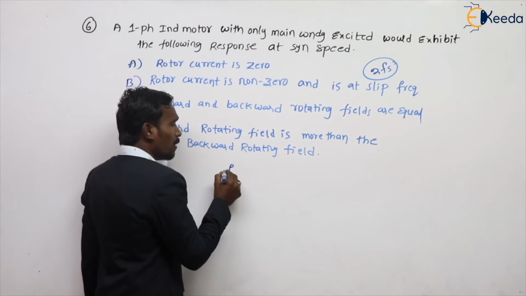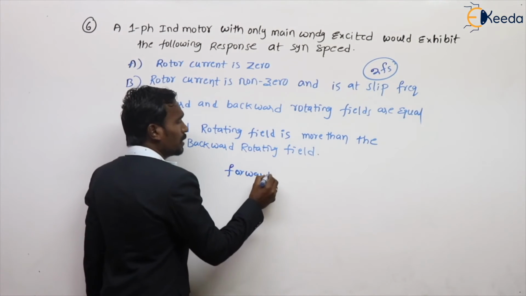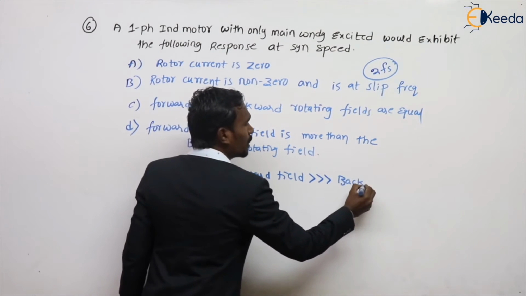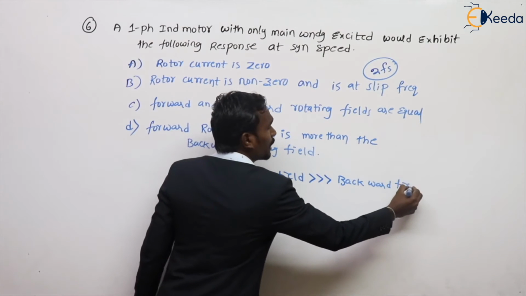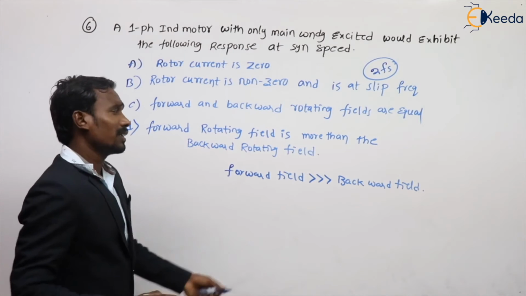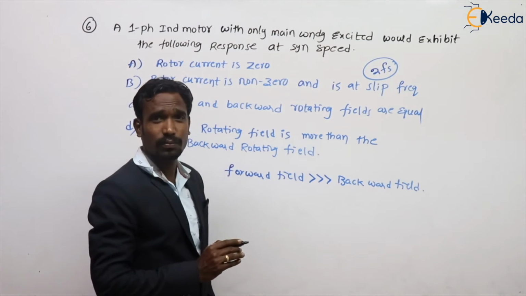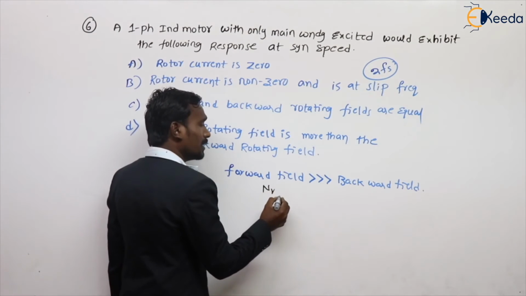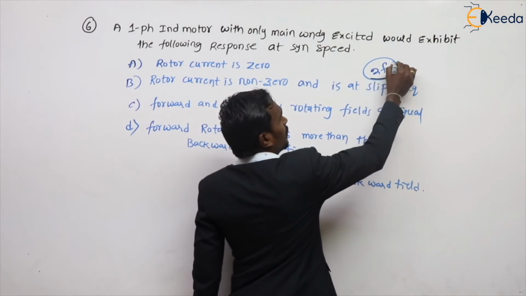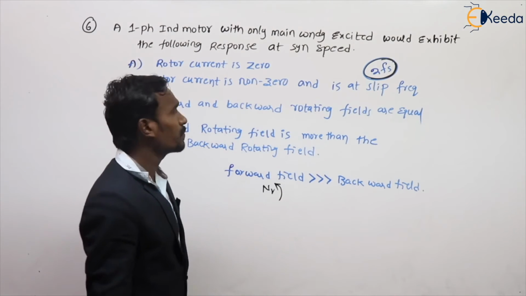That's why here the forward field is very much greater than the backward field. And here the rotor is rotating in the opposite direction to the magnetic field. That's why here the rotor current is at 2 times the supply frequency. This is not slip frequency.